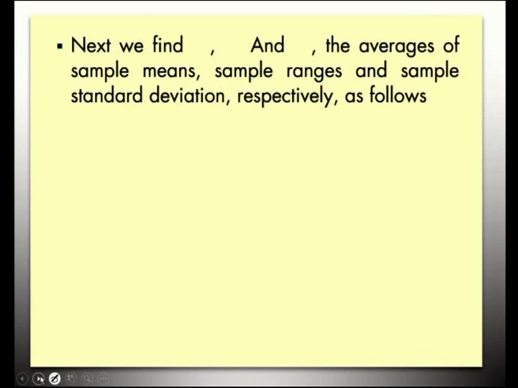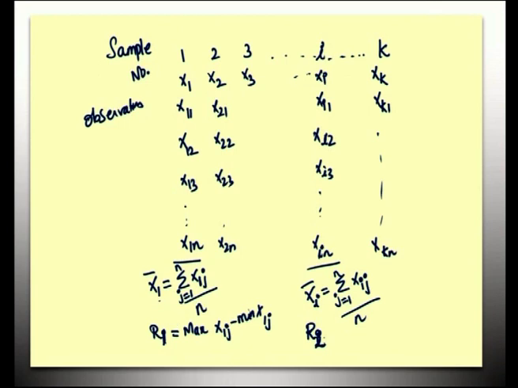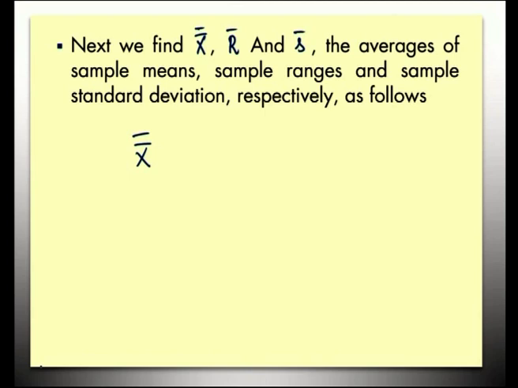Next, we find x bar bar, R bar and S bar, the averages of sample means, sample ranges and sample standard deviations respectively, as follows. What is x bar bar? We have just calculated x1 bar, and similarly x2 bar will be calculated. The mean of these k sample means is calculated by adding all the mean values and dividing by k.